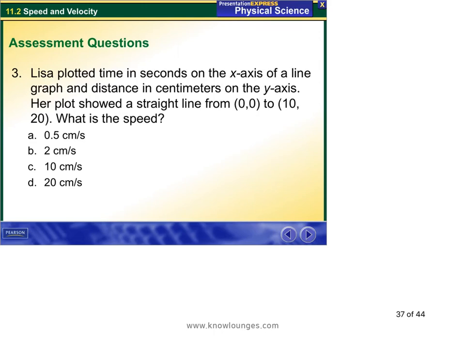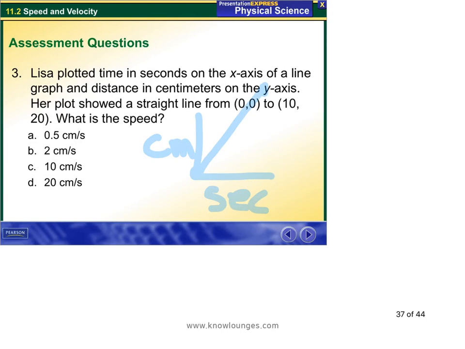This time Lisa plotted time in seconds on the x-axis. So we've got the time in seconds, and the distance in centimeters on this axis. And we went from 0, 0 to 10, 20. So we went from here to about, maybe somewhere like right there. So that's the one we're concerned with.